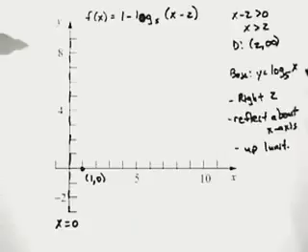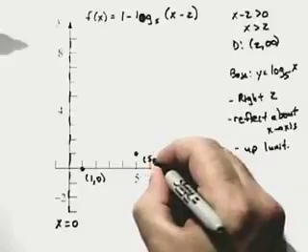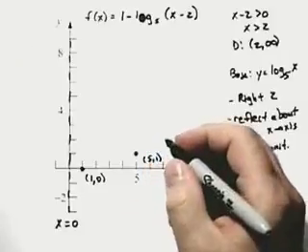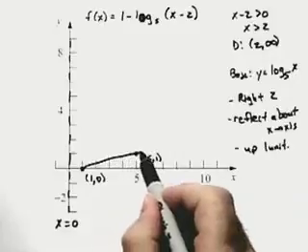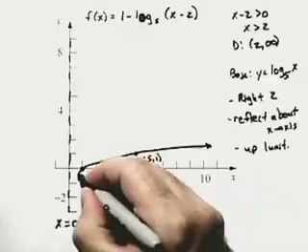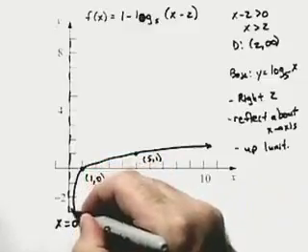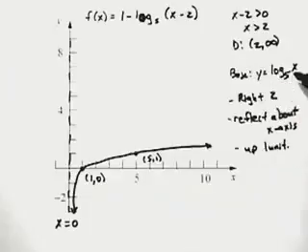If we let x equal 5, log base 5 of 5 is 1. So we'll have the point 5, 1. If we connect those, and then as we approach our vertical asymptote as we go towards the left, we have a rough graph of our base function, log base 5 of x.